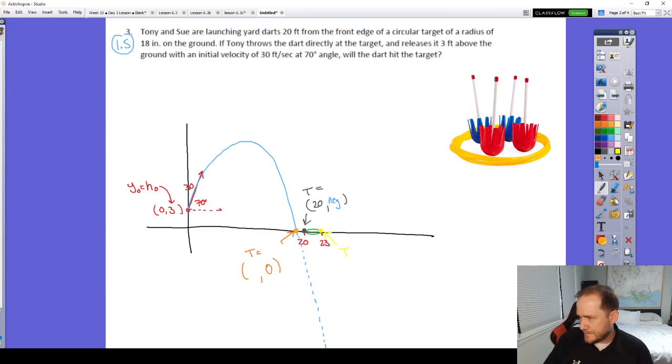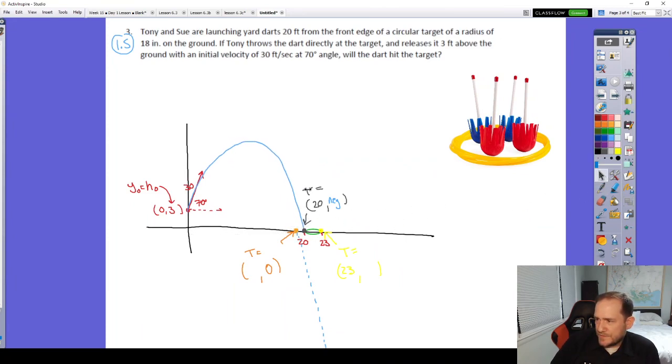Okay, what about this point? Do you know the time? No. Do you know the x-coordinate? Yes. You know it's 23. So that's the thing. If you tested 20 and got a negative height, you could conclude that Tony's shot for sure comes up light. It didn't go far enough, and it already landed. But if this was our situation, then when you test the 20 and you get a positive height, you still have to wonder, maybe in the next 3 feet it's going to fall and land in the circle.